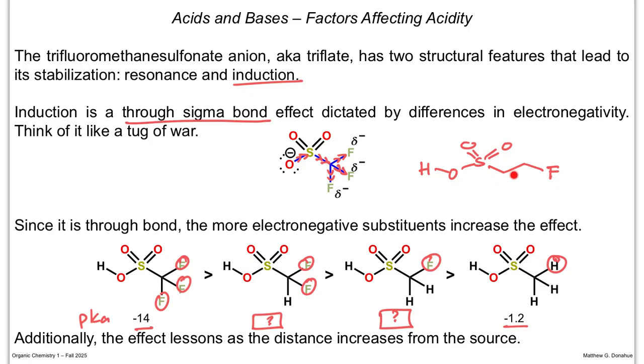And so as you increase that length, that tether between the acidic site and the heteroatom, the effect of its induction weakens. It's not as strong. Any questions so far on resonance and induction? So again, these are all the factors that are affecting the strength.